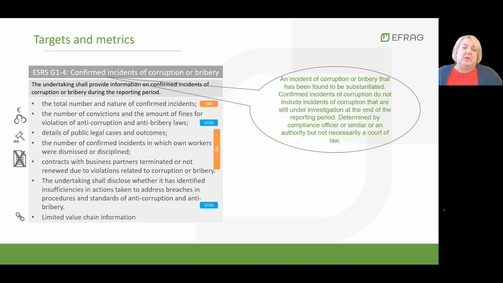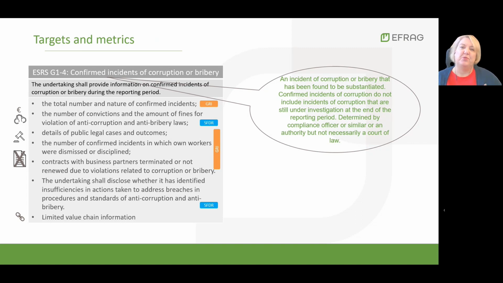All the data points in this disclosure requirement come from either SFDR or GRI. So for those of you already reporting under GRI, this would hopefully not be too much additional burden. It's also important to note that unless your materiality assessment shows differently, you are required to provide very limited value chain information.